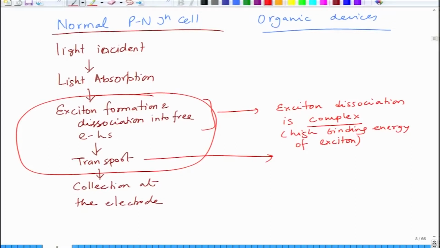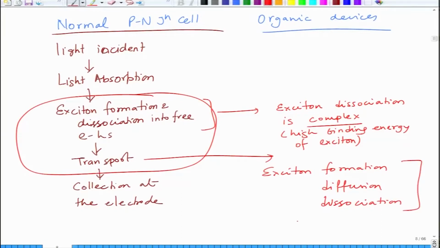So in organic solar cells, exciton formation, exciton diffusion and exciton dissociation are of utmost importance, and of course, you would like to minimize the recombination back into excitons. We will just mention the energies of excitons here.